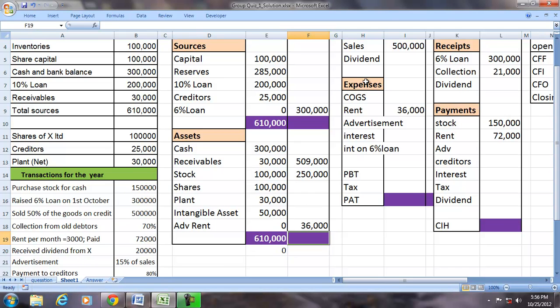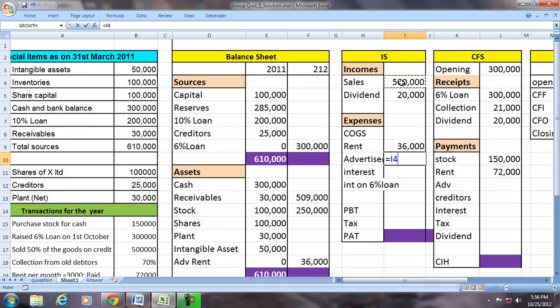Receive dividend from X, so dividend is an income and dividend is a receipt, 20,000. Payment advertisement, 15% of sales is an expense and sales is 500,000 into 15%, and the entire advertisement we assume has been paid during this period.